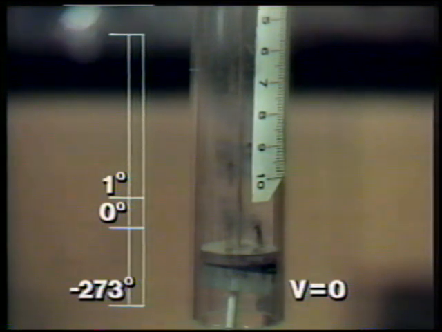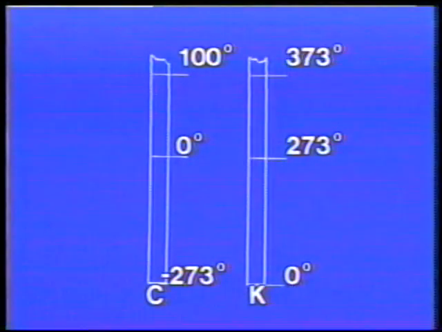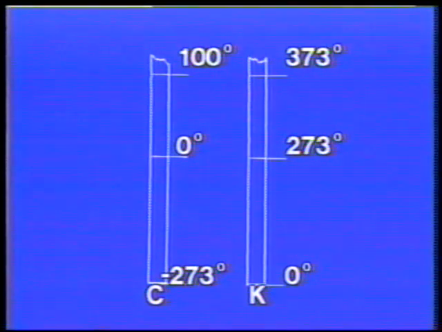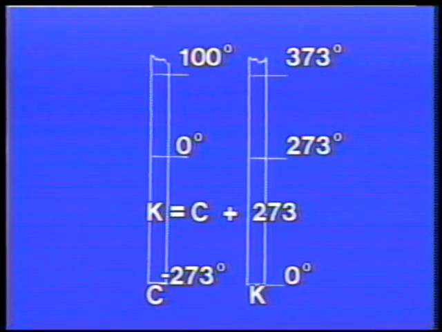Minus 273 degrees Celsius is considered to be absolute zero. A temperature scale beginning at absolute zero was named the Kelvin scale. To find Kelvin temperature when the Celsius temperature is known, simply add 273 degrees to the Celsius temperature.